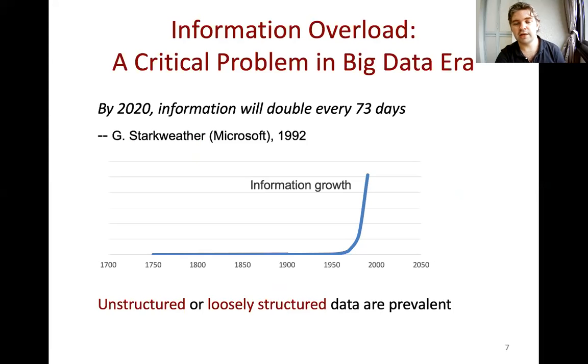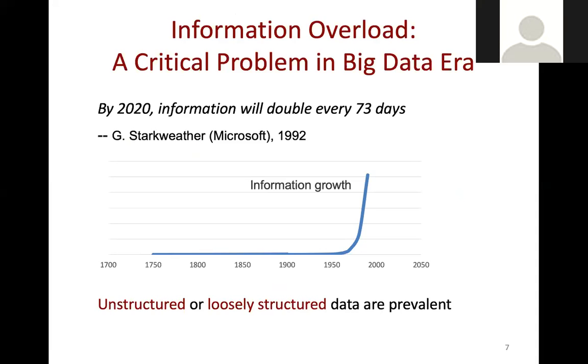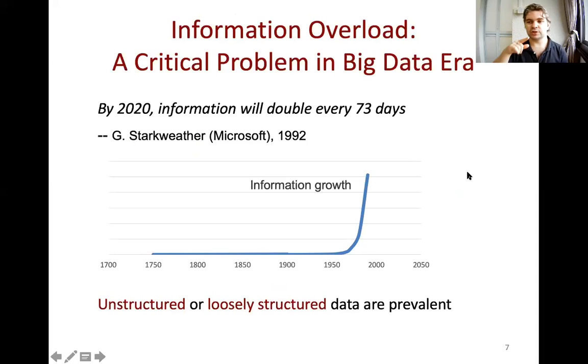There is a kind of information overload, and this is a critical problem in the big data era. Let's say in 2020, information doubles every 73 days. You can see that with the emergence of the internet around 2000, information started growing like that, and that defines the era we are living in.